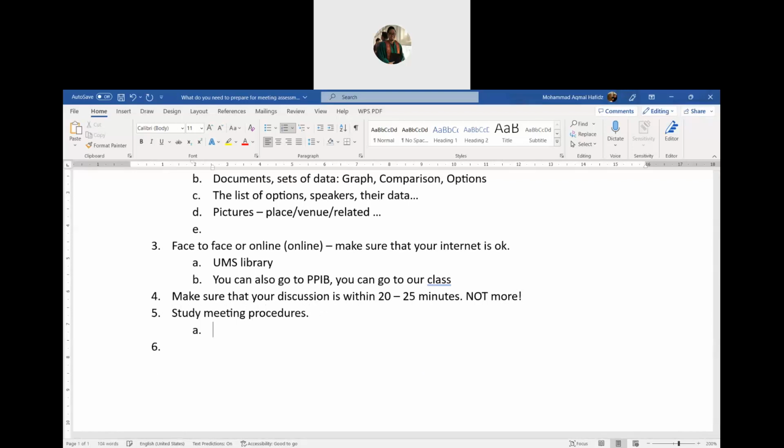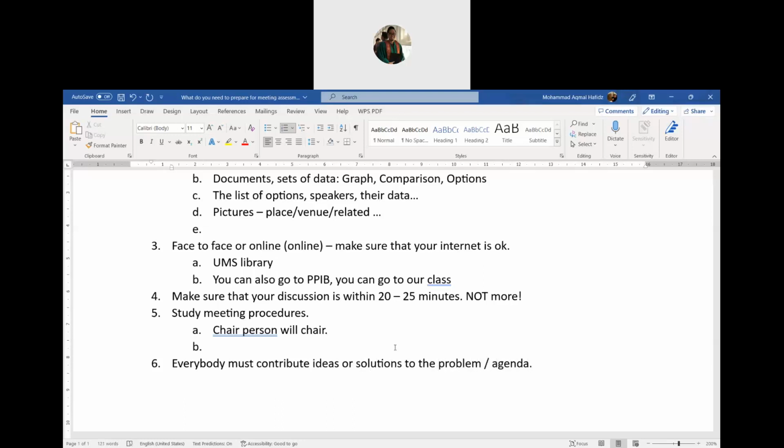Of course the chairperson will chair, and the secretary will be there as well. But everybody must discuss, must contribute ideas, or solutions to the problems or agenda.